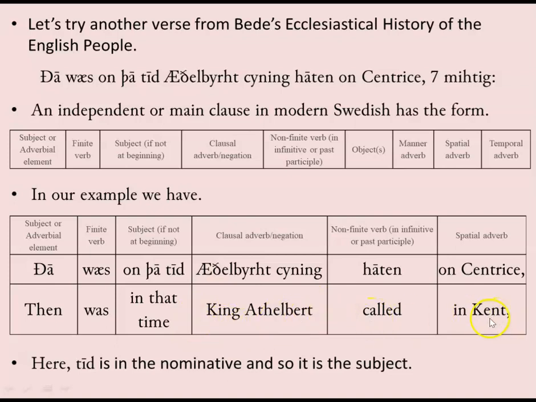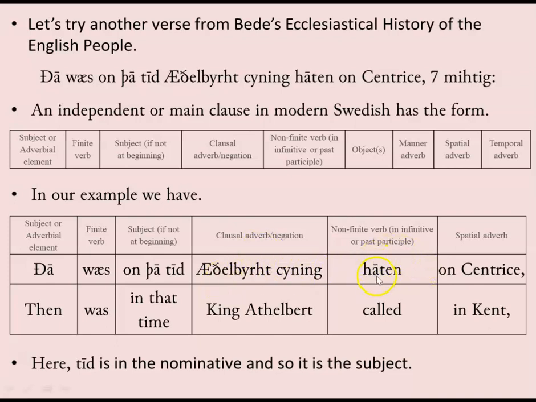called in Kent. Now, notice here the clausal adverb negation. Well, the clausal adverb here that modifies everything is Athelburg König, because it modifies the whole sentence. Without it, we'd have then was in that time called in Kent, which wouldn't make much sense. So we have this clausal adverb here which modifies the entire sentence by naming this individual.